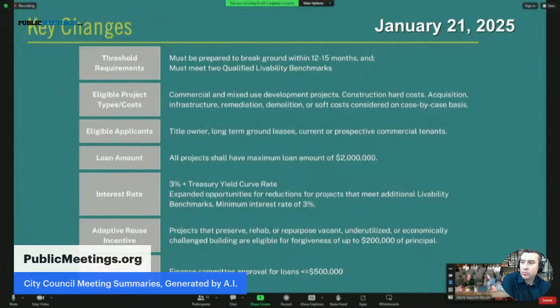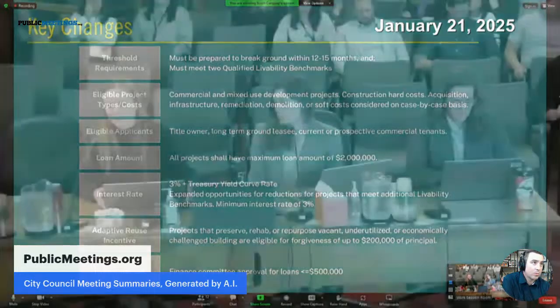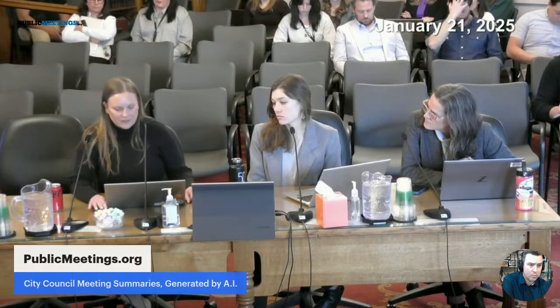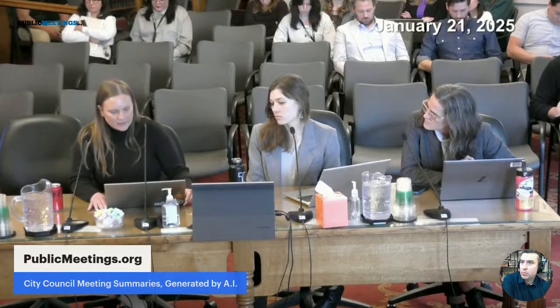Yeah, I think this is a tool. I mean, the loan terms are really favorable, so I think that in itself is an incentive, but then we are asking for certain things like the tenant to be a local business or a childcare facility or whatever's in the livability benchmarks. But you know, we have thought about this a little bit.